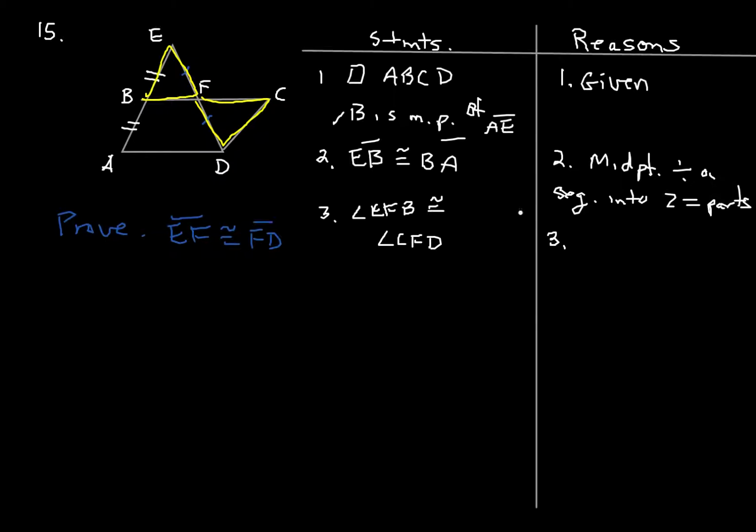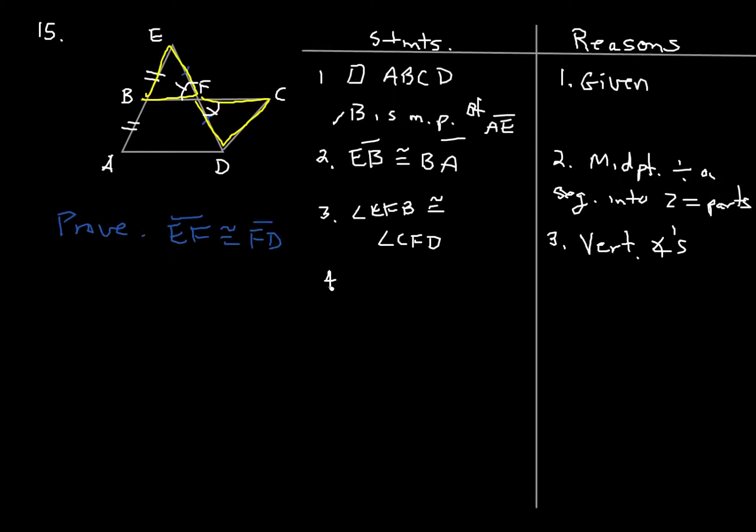And the reason? Why can we say that this angle is congruent to this angle? Anybody out there? Then we at least have one part. So that would be vertical angles are congruent. All right, so that's a little bit of something.